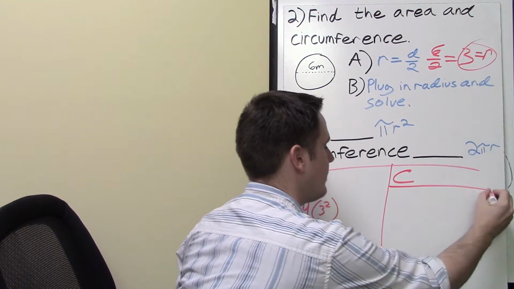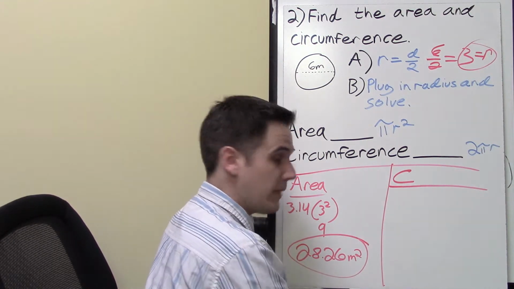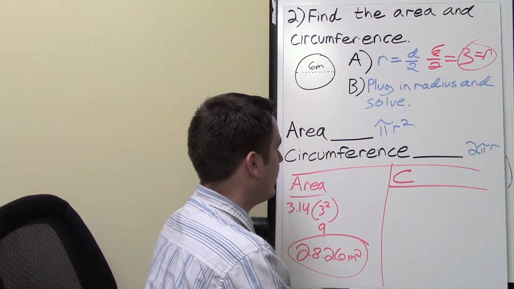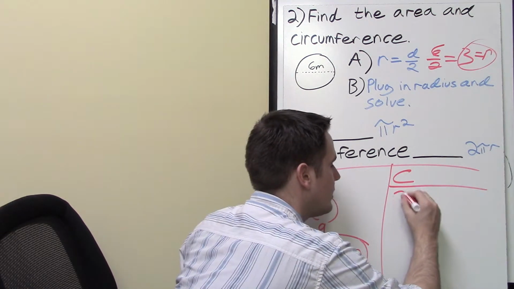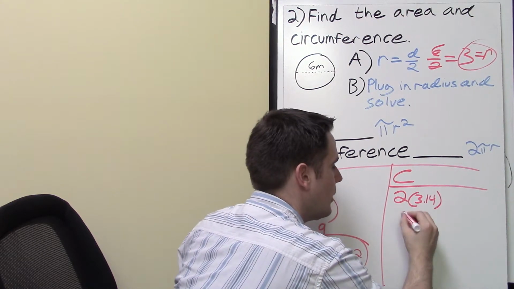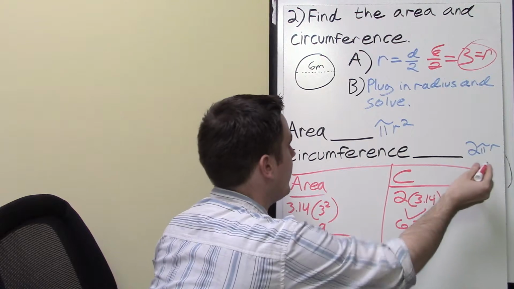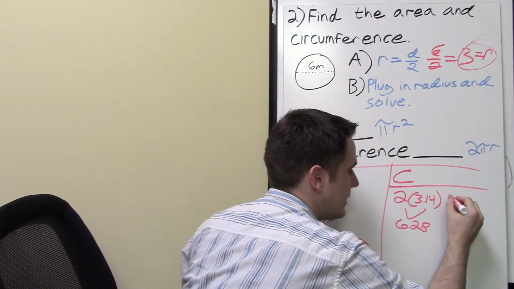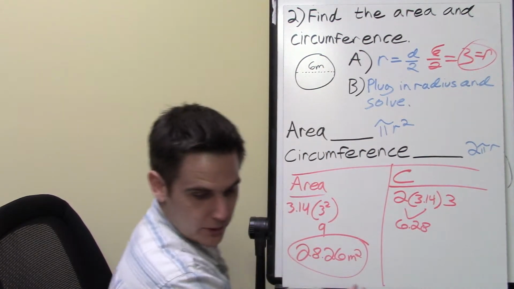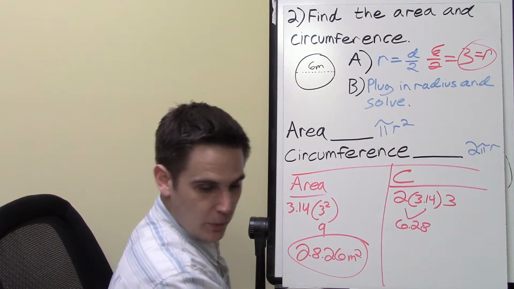And then for circumference, which would often be represented by just a simple capital C, 2 pi r. So 2 times pi, which remember is going to be 6.28. That's going to be a good number to memorize, times radius, which is 3, not 6. 6.28 times 3 is going to leave us with 18.84.